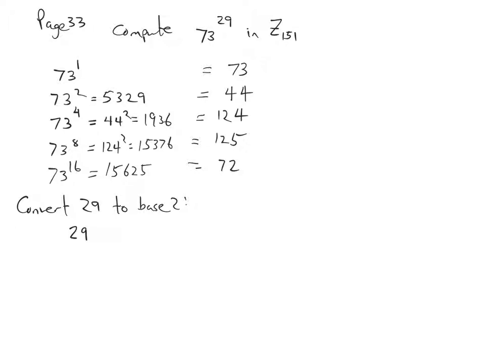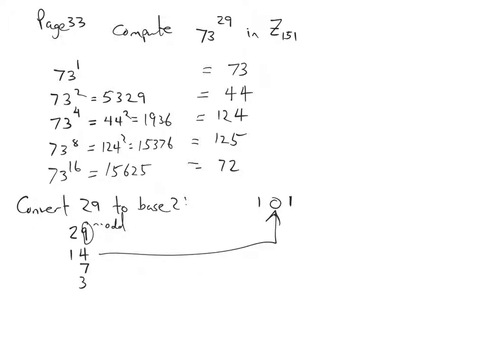To convert 29 to base 2, you write down 29, and that is odd, so the last bit of 29 is 1. Then we divide 29 by 2, so we get 14, which is even, so the next bit is 0. Then we divide by 2 again, that's 7, which gives us 1.